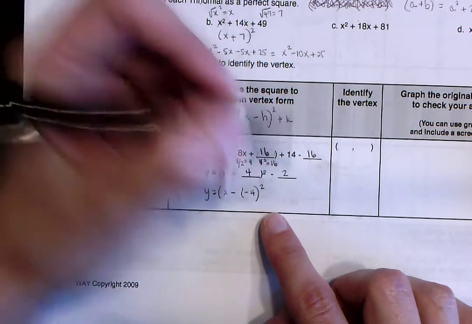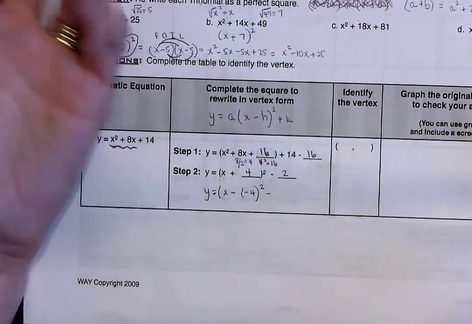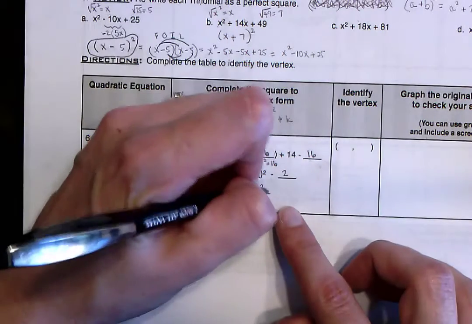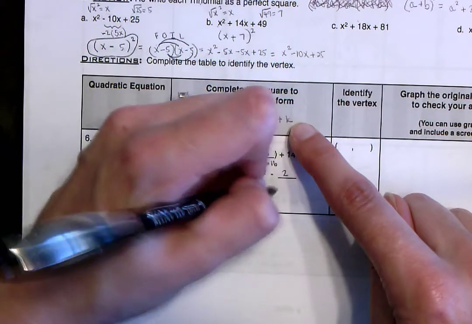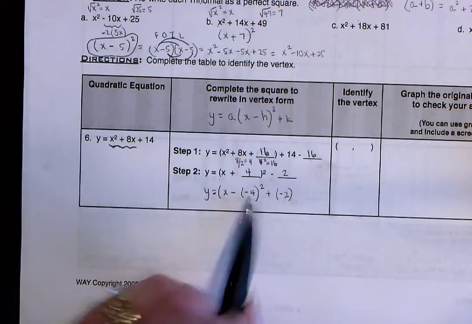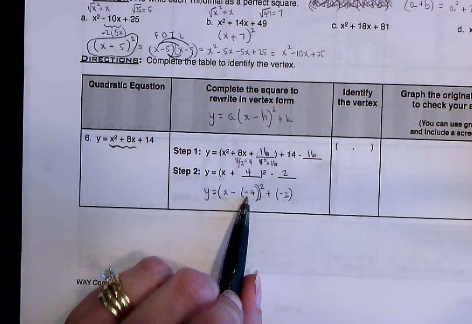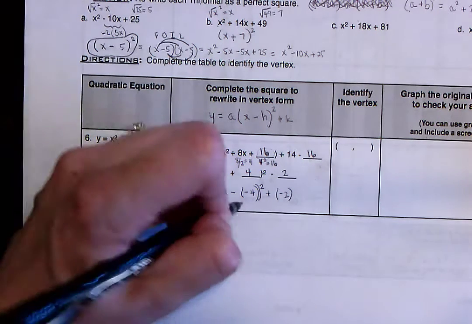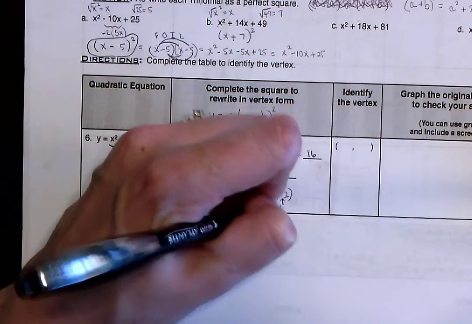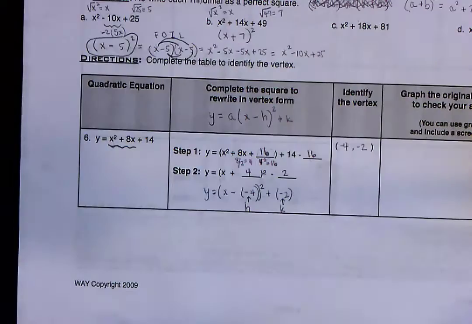And then I can either leave it as minus 2, just so I can see the k value, or I can say plus negative 2, if you like that form. And that way you can really see the k value. So on here, again, the vertex will be negative 4, that's the h. And then here's k, which is -2. So -4, -2.